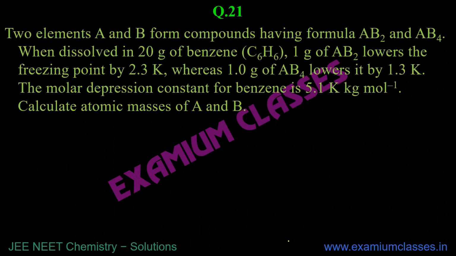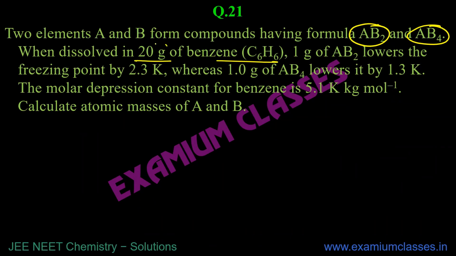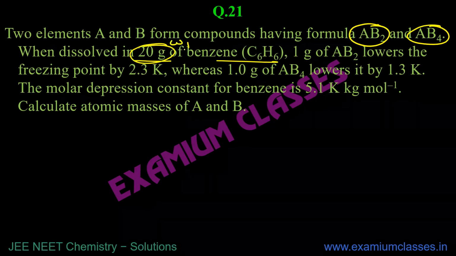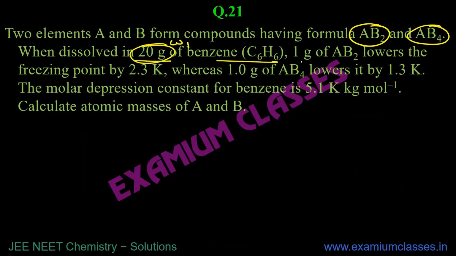Next one. Two elements A and B form compounds having formula AB2 and AB4. Two compounds we have, AB2 and AB4. When dissolved in 20 gram of benzene, means this is solvent, W1, 1 gram of AB2, W2, lowers the freezing point by delta TF.